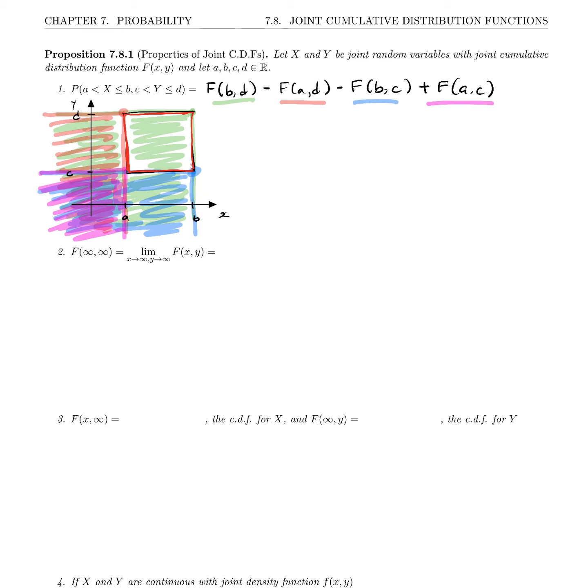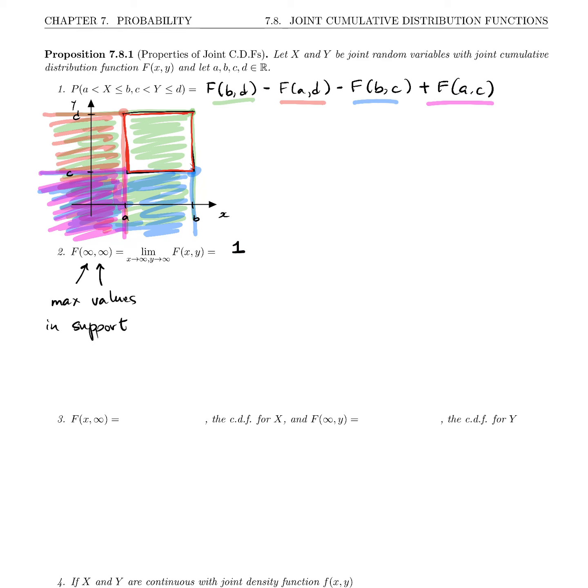Property 2: F of infinity, infinity, which is a shorthand way of writing the limit as x goes to infinity and y goes to infinity. By infinity, we're really meaning the maximum values in the support of each. They may not go to infinity, but they may go to some fixed number, and that's what we mean by infinity, the largest value in the support. And that is simply 1.